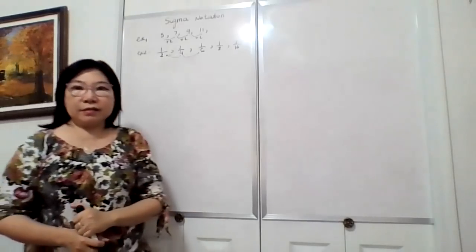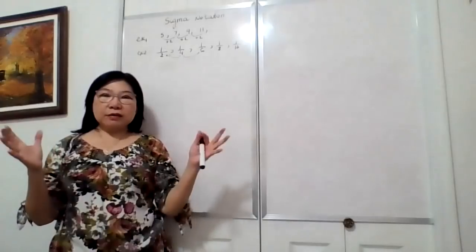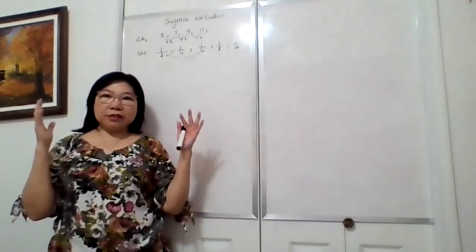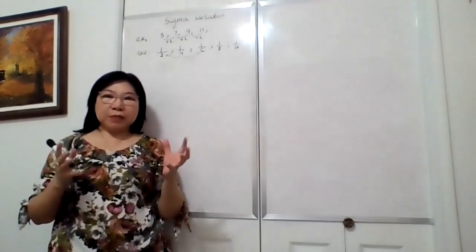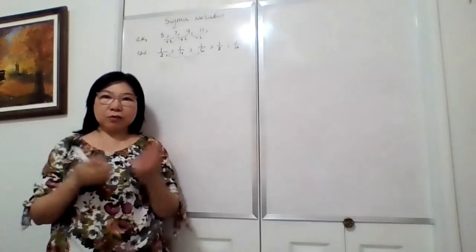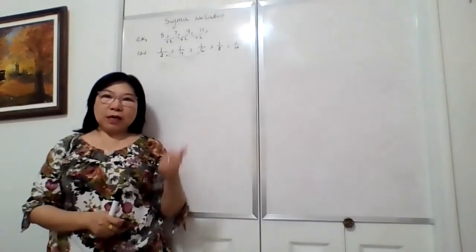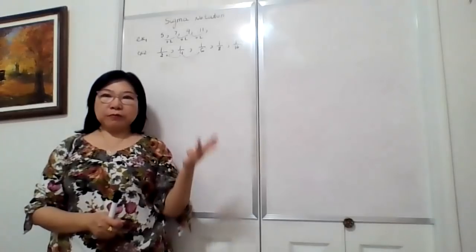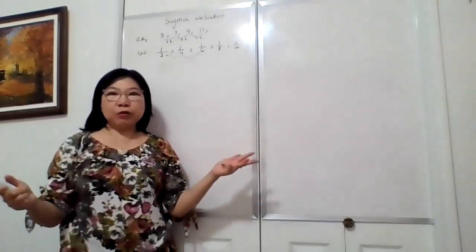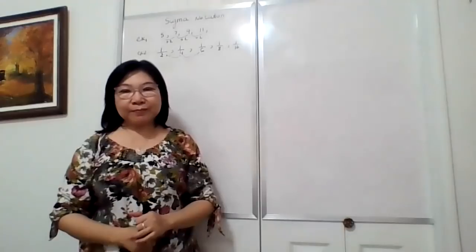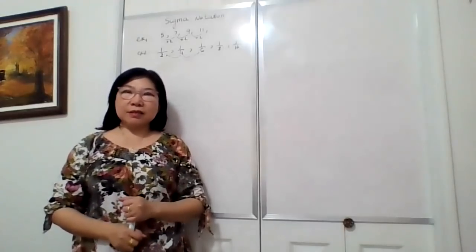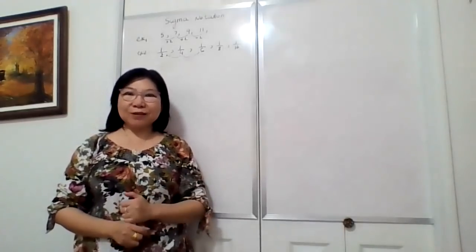Now, what is a series? A series is the same as a sequence, except that we add the terms together. We add term 1, term 2, term 3, term 4, and finally we get the sum of the series. The sum of the series is the sum of the sequence.